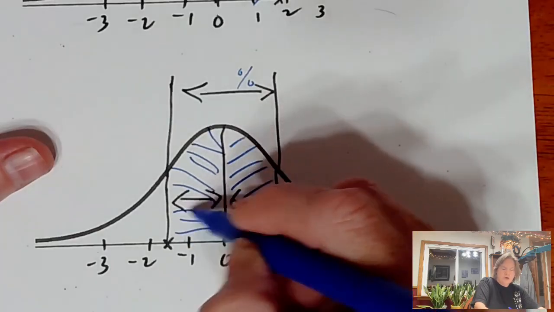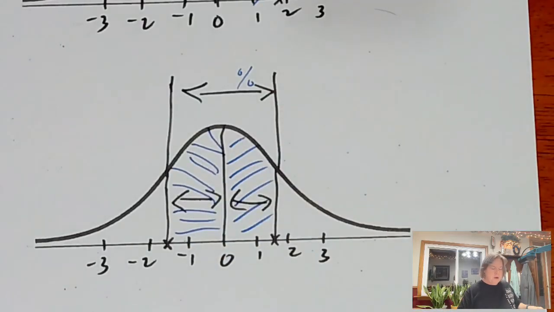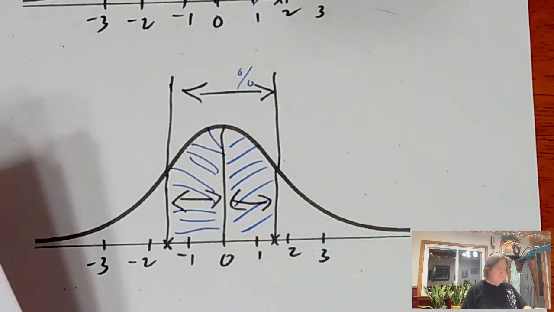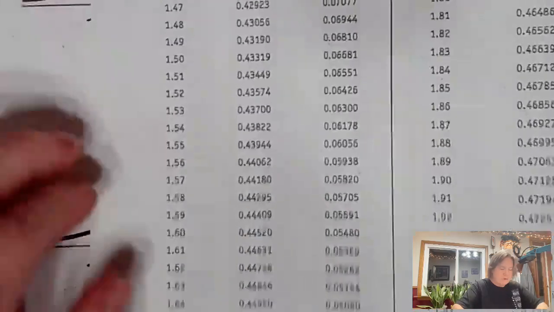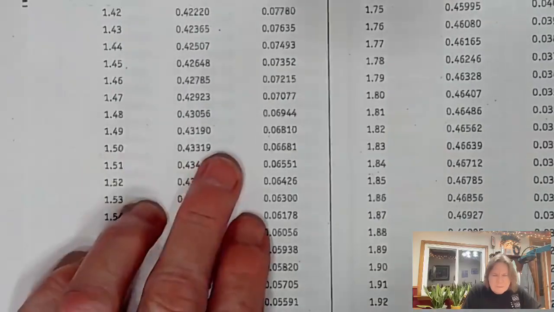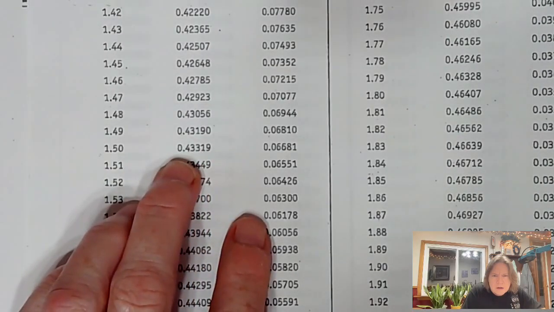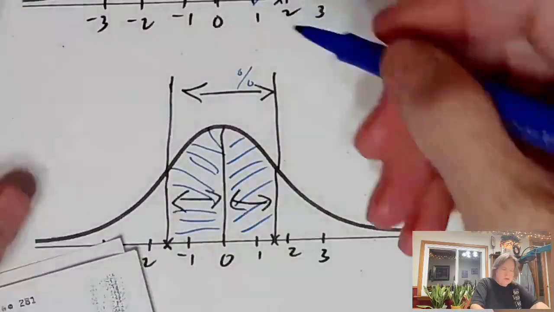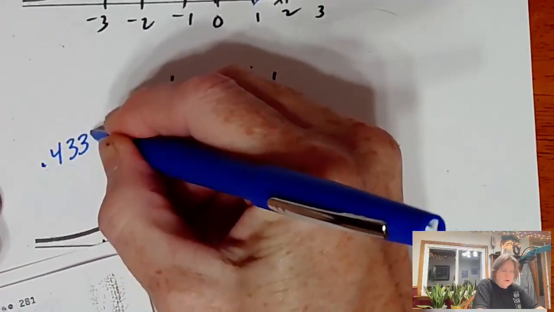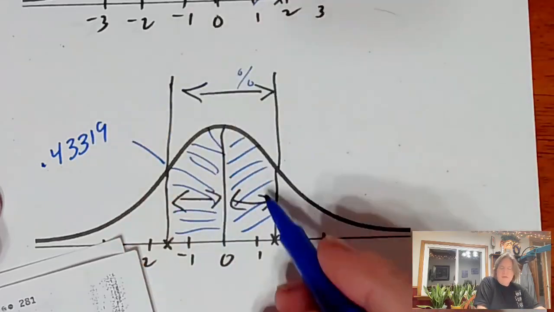The area between the mean and 1.5 is 0.43319, and that's the same on the other side.